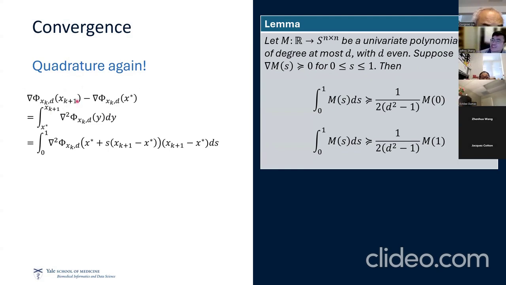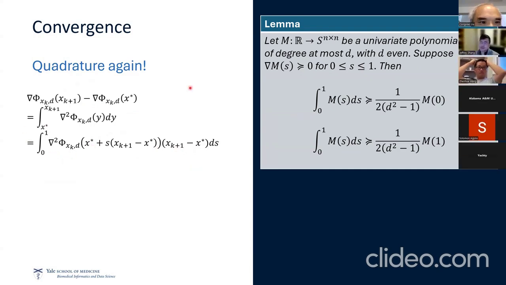So essentially what you're doing is this is just your integral of the Hessian going from xk plus 1 to x star. Where we just got to was we had this term that was the difference of two gradients. We replaced that with the integral of a Hessian.